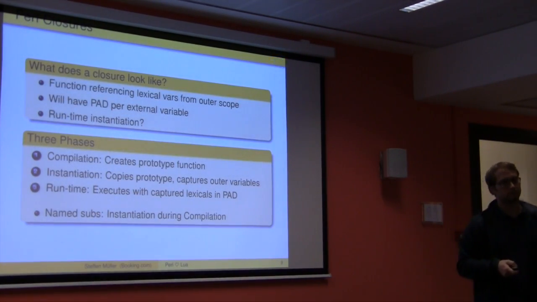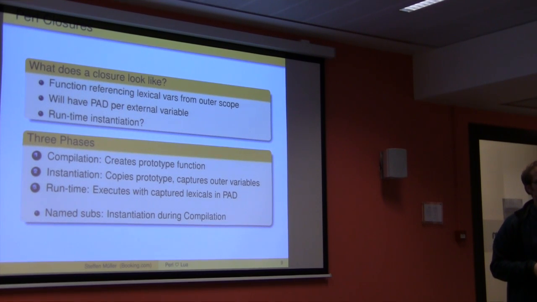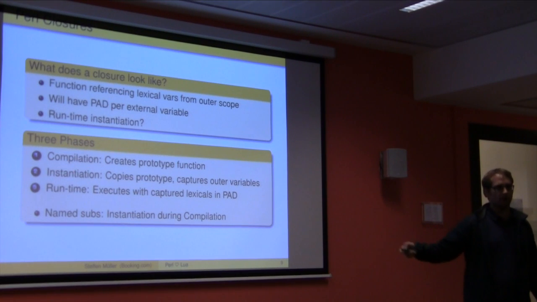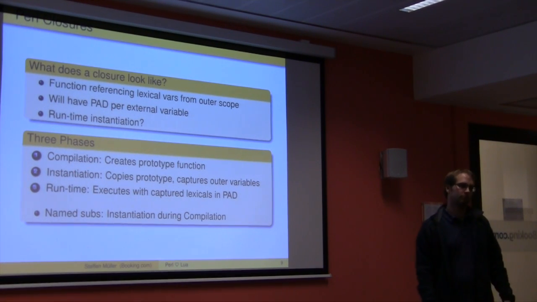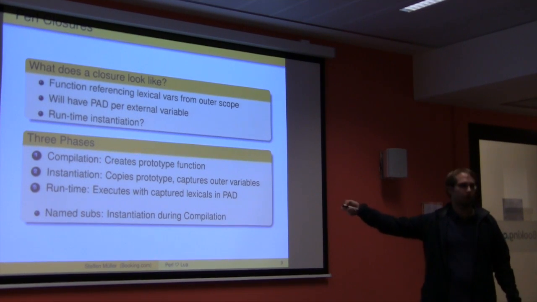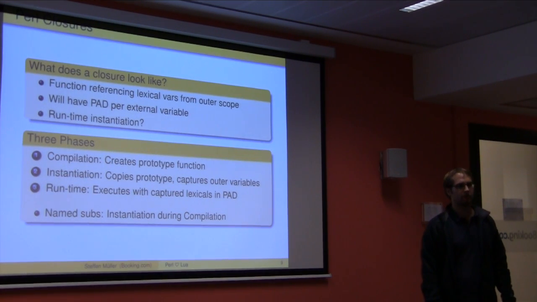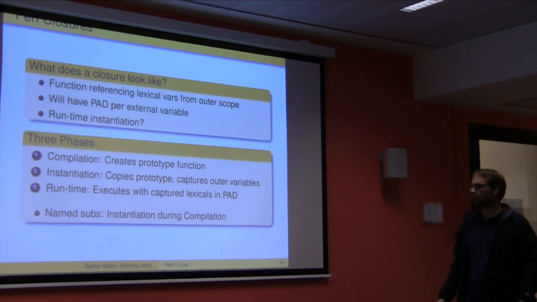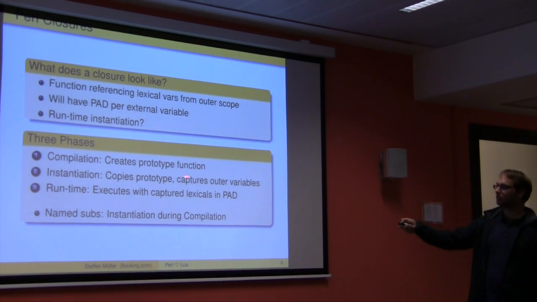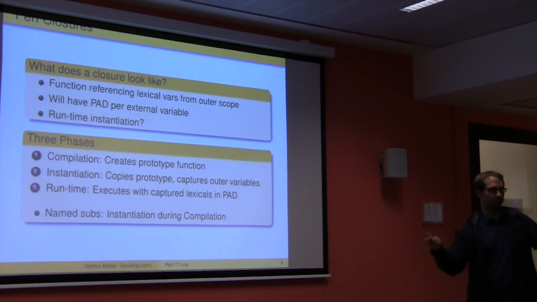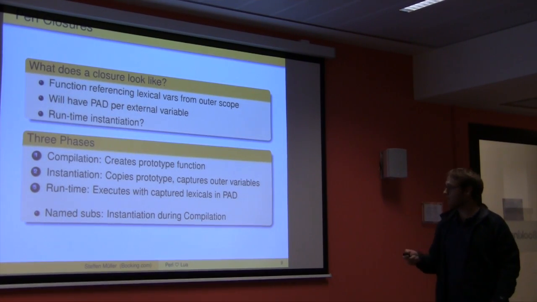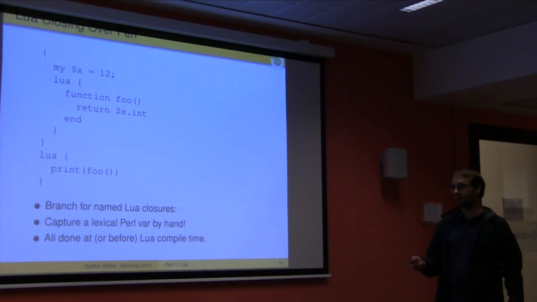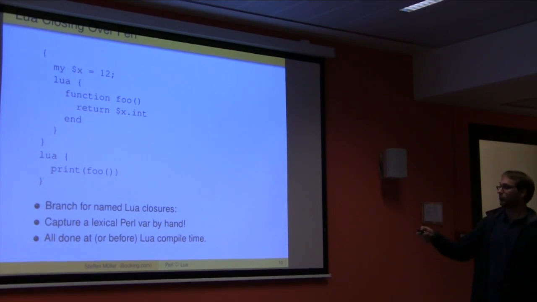Named closures will still have the whole pad malarkey. Yes, but it all happens at the same time, and it's only going to happen once, right? So for all intents and purposes, they sort of get merged into one phase, compilation and instantiation. Okay, right, I get what you're saying. Whereas instantiation can be at runtime if you're creating anonymous functions. And it turns out Lua has the same thing, which is curious.